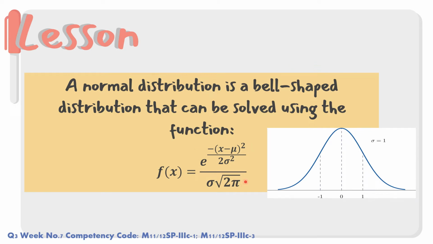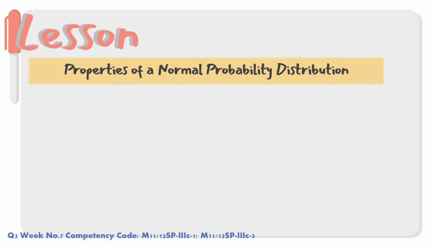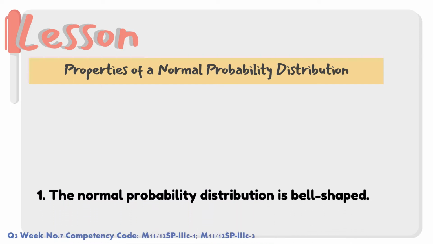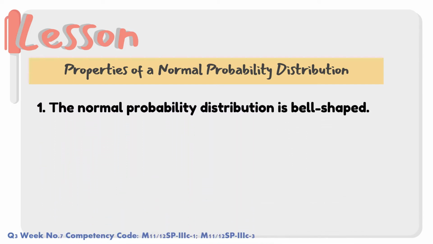The rest are constants. However, we will not be dealing with the computation of f of x here, but to get familiarized with this equation. What are the properties of a normal probability distribution? Number 1. A normal probability distribution is a bell shape.